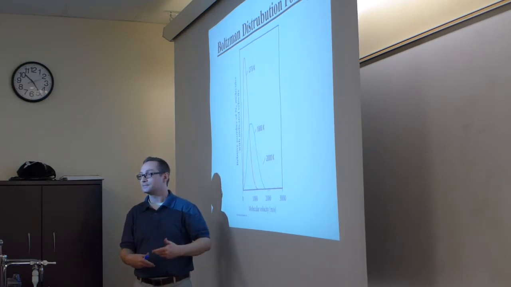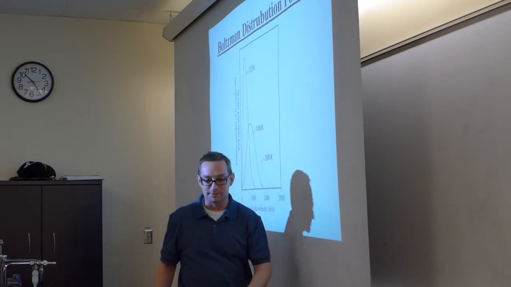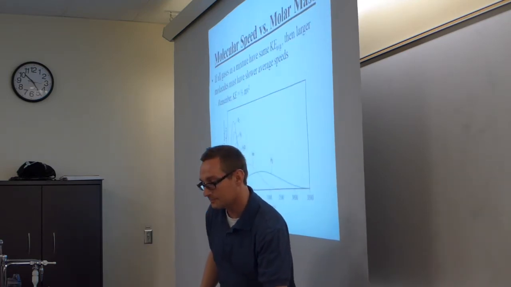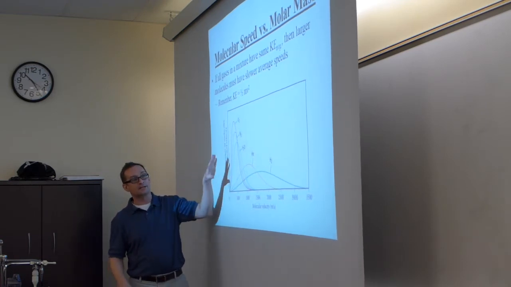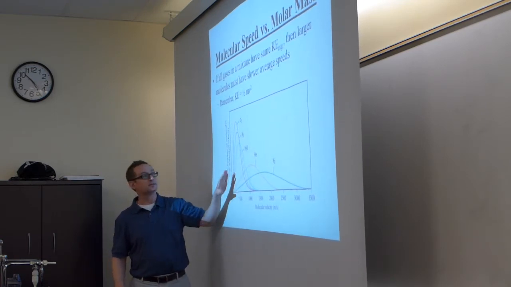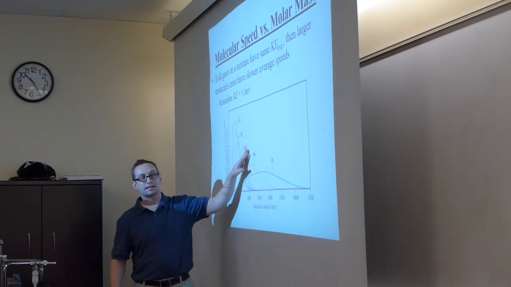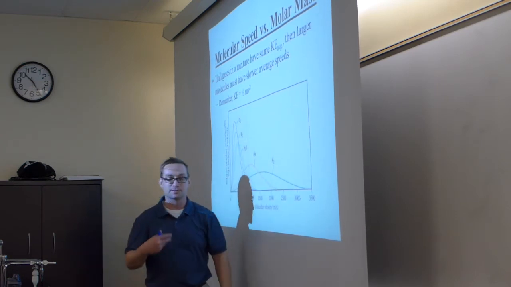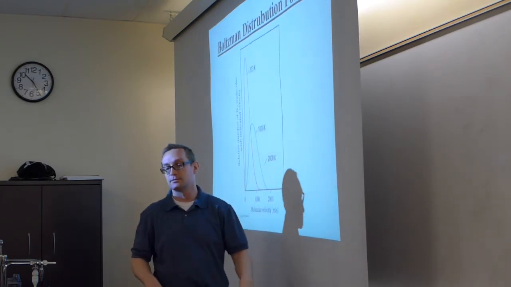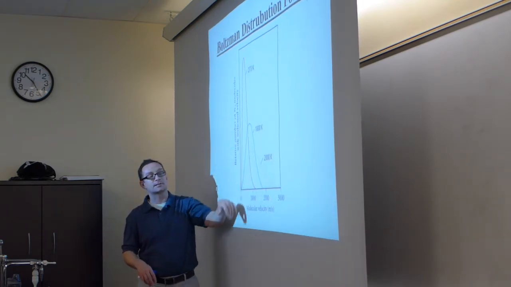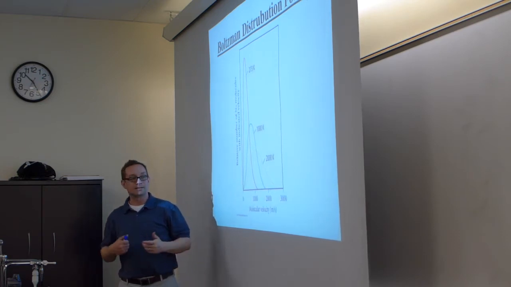So you see what the difference is? If this graph was made at 273 Kelvin, this is how the velocities of different gases compare, versus just looking at nitrogen now, which is the temperature dependence of the velocities for nitrogen. And that's the difference.